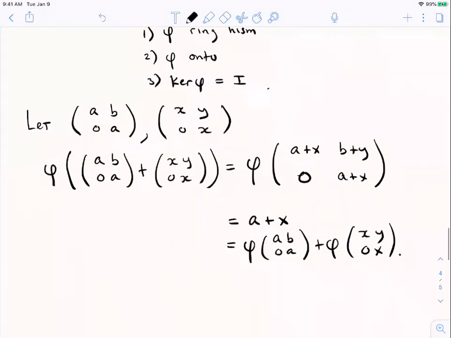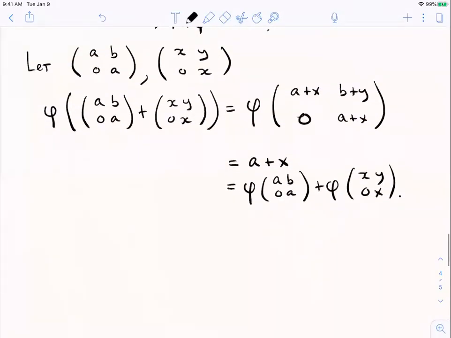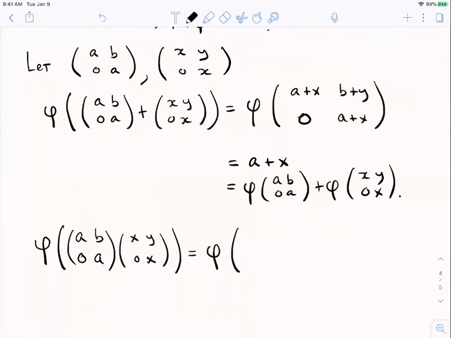That went pretty smooth. How about multiplication? Matrix multiplication is a little trickier. I actually wish I would have left that additive part to you and just done this, but let's take A, B, 0, A, and we have to multiply it this time by X, Y, 0, X. When you multiply two matrices, for this first 1,1 entry, I want to take the row of the matrix on the left and take its dot product with the column of the matrix on the right.